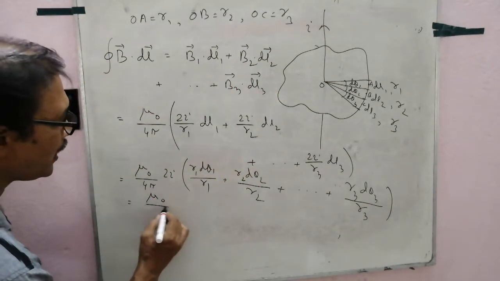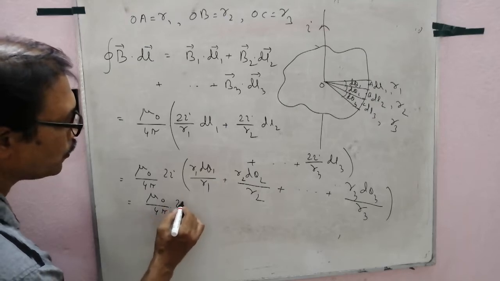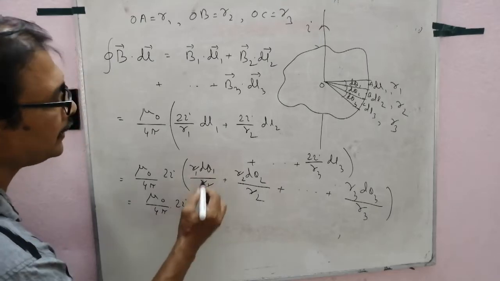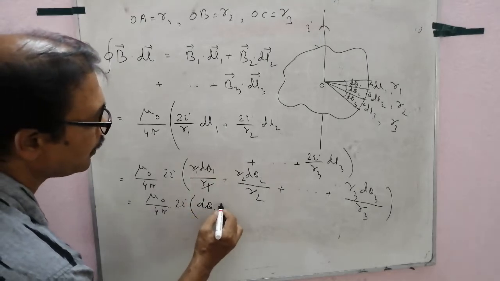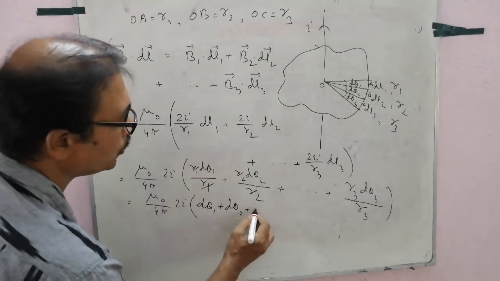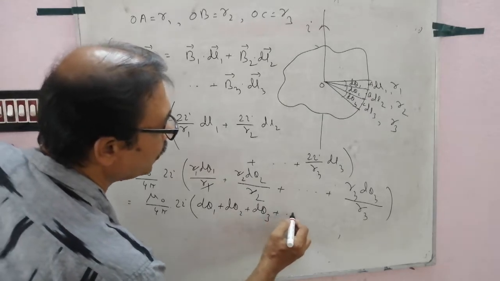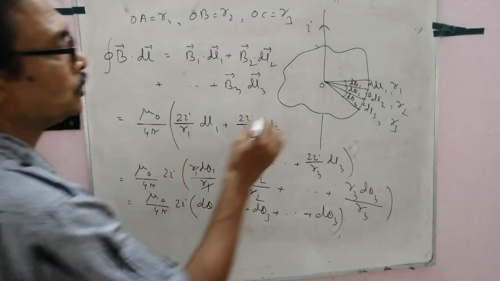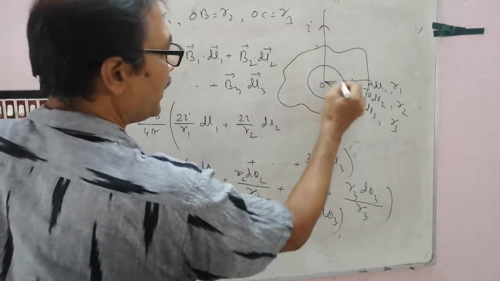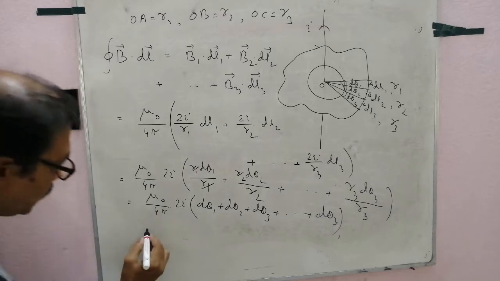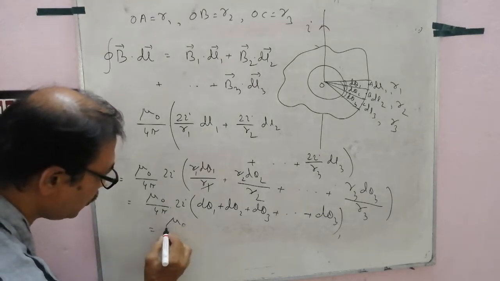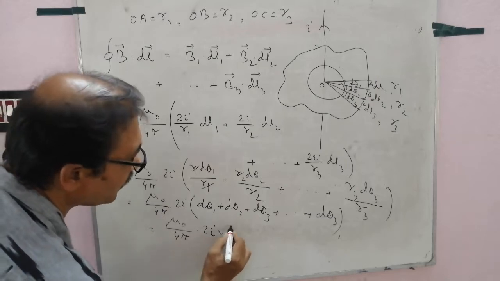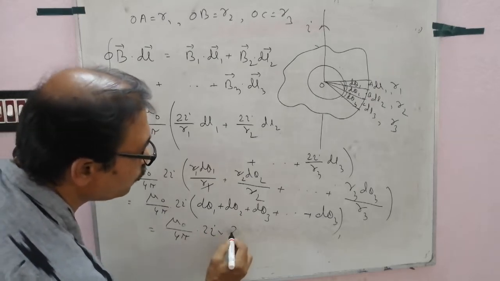Mu 0 by 4 pi 2I, R1 by R1, R2 by R2. So the final result is d theta 1 plus d theta 2 plus d theta 3 and so on up to d theta n. Follow? Total angle. What is the total angle? That is 2 pi. So the final result is mu 0 by 4 pi into 2I into 2 pi.